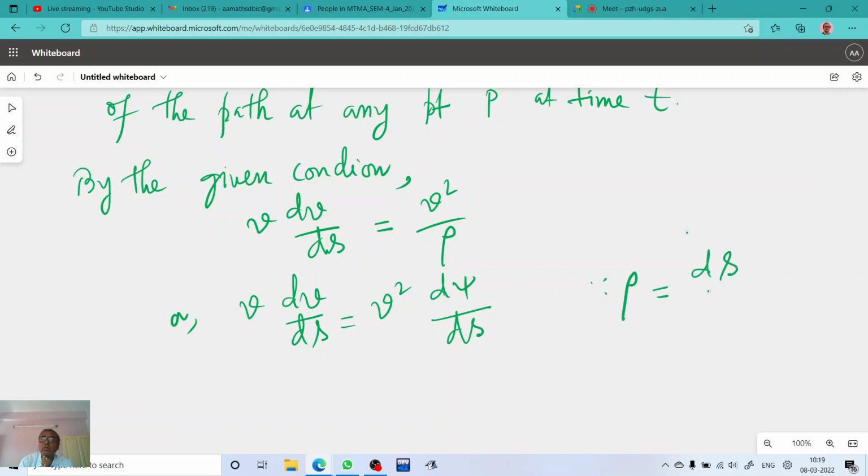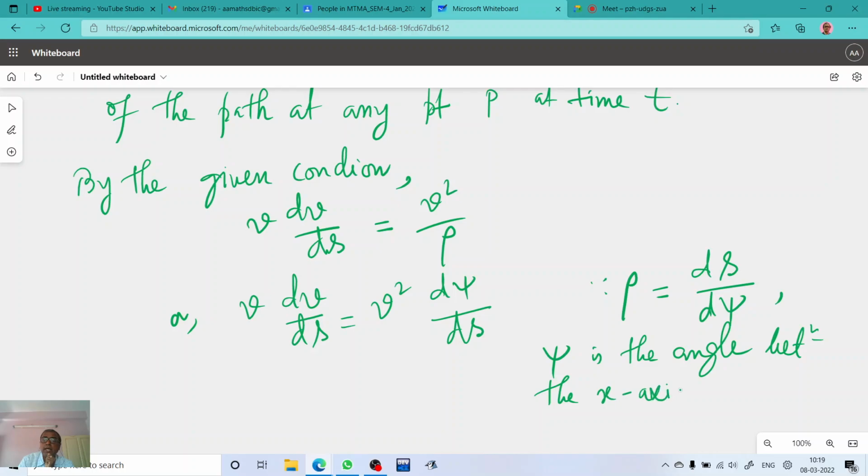We know that rho equals ds by d psi, and psi is the angle between the tangent and the x-axis, measured in the positive sense, that is, anticlockwise from the positive direction of the x-axis to the tangent. This is the psi angle.